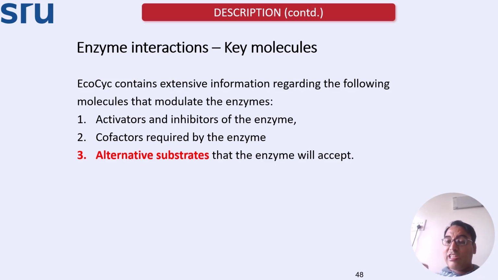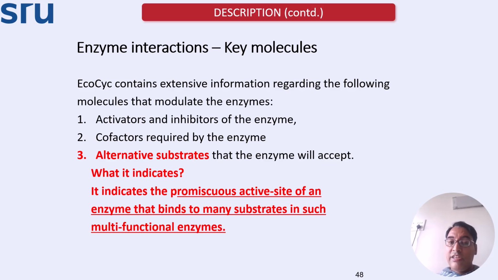So the active site is promiscuous, interacting with various substrates. It is termed as promiscuous active site of an enzyme that binds to many substrates in such multifunctional enzymes. This is a crucial part. So only that enzyme gets repeated for multiple functions as well, as you have been discussing in this session.